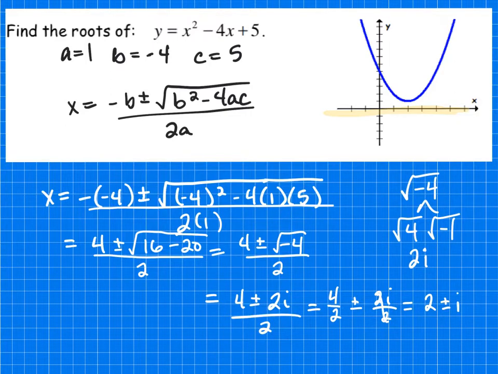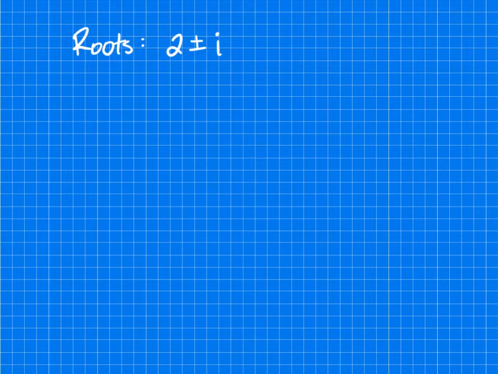So those give us the roots. Particularly because my leading coefficient is a 1, the same thing that we had up here, if I have the roots, then I can figure out the factored form.